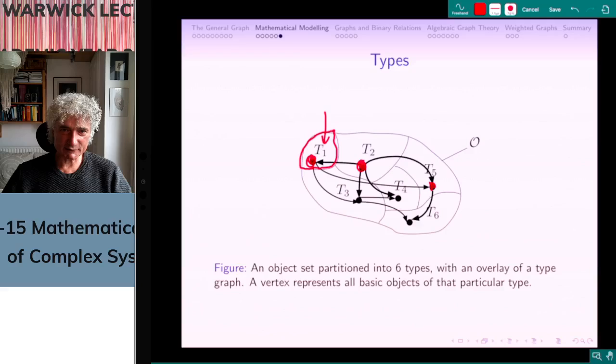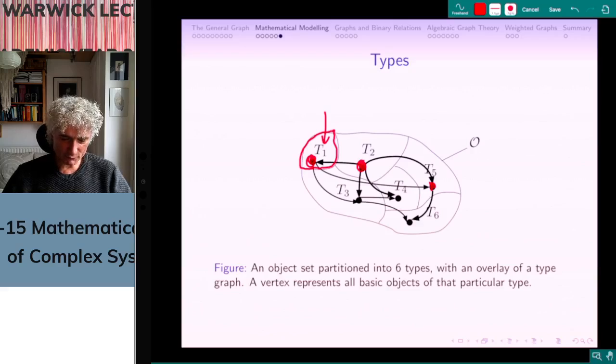And the next idea we have for this type graph is, once you have associated one vertex to each type in the system, then we ask the question, which type does influence in a certain way another type. So for example, for the forest it would be like an oak tree is shading, so it would influence the growth of, say, the acorn, and therefore, let's say the acorns would be T1 and the oaks would be T2.